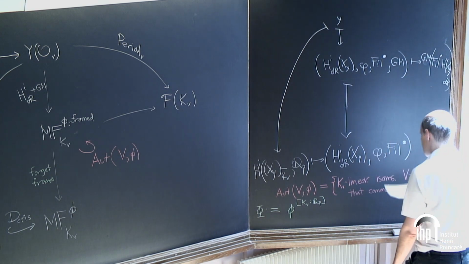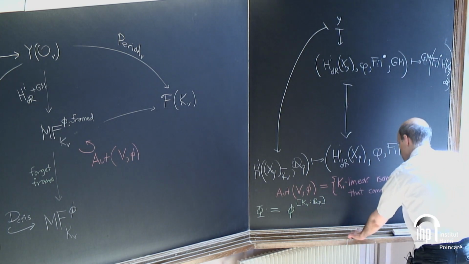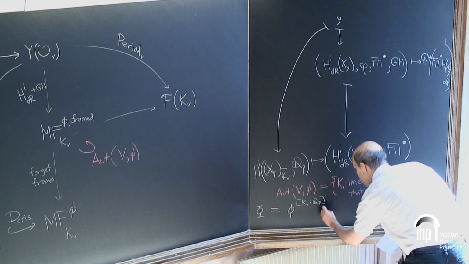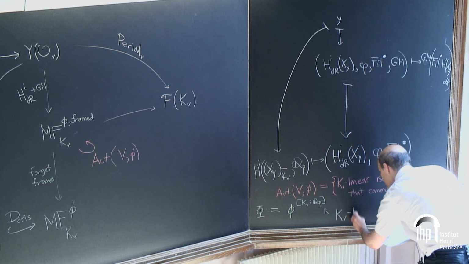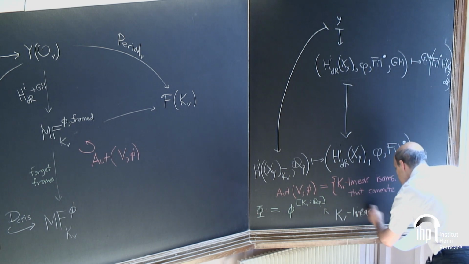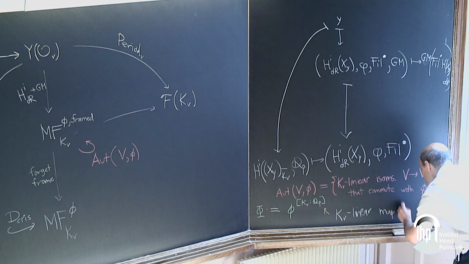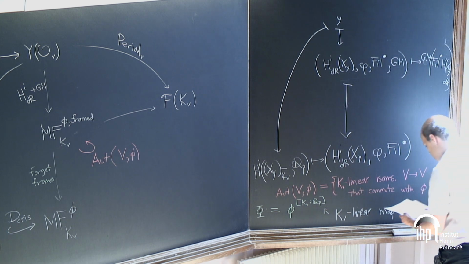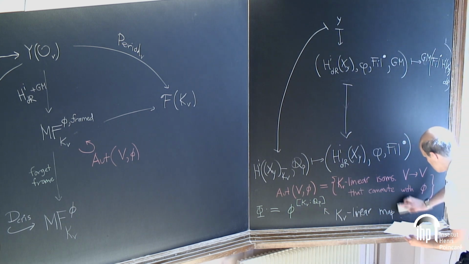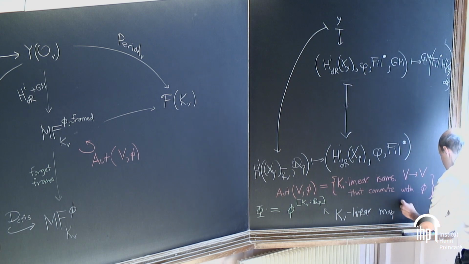So this is now a KV-linear map from V to V.